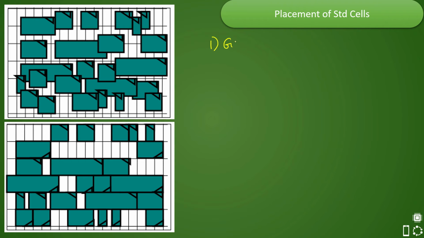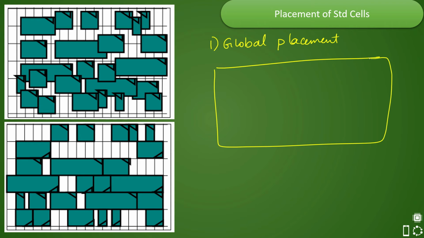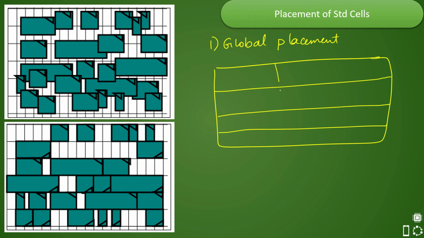Now the first question is how the tool does the global placement. Let's say that this is our entire floorplan. It will divide the entire core area, or you can say the entire placeable area, into smaller bins like this. After dividing the design into smaller bins, it will place the cells in each individual bin with a certain density.